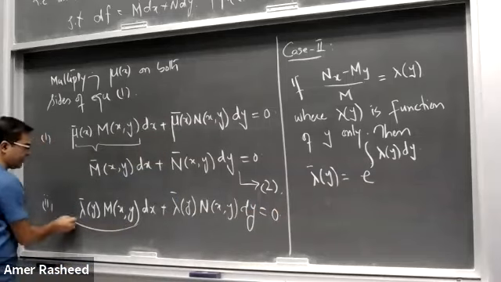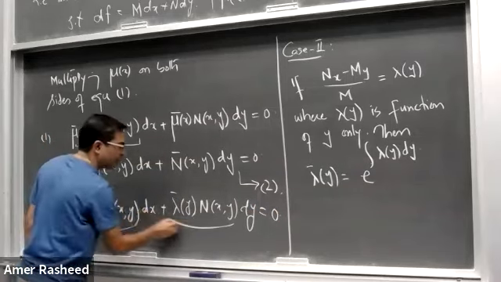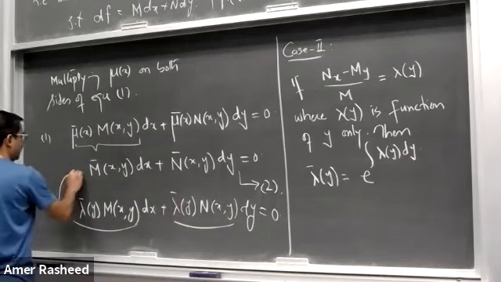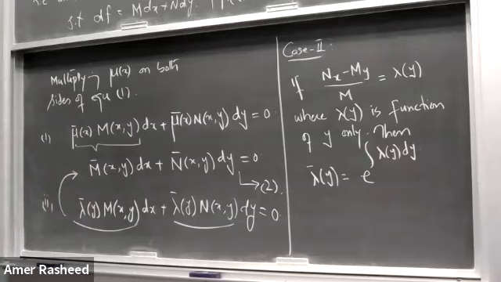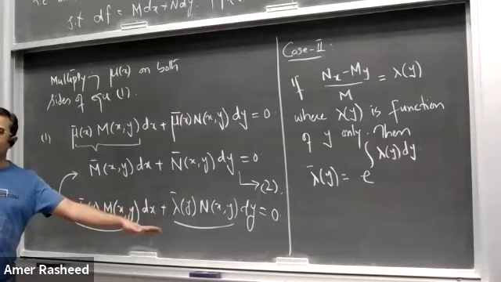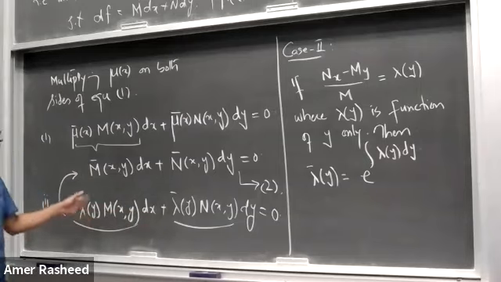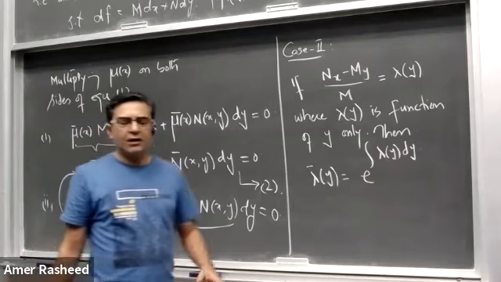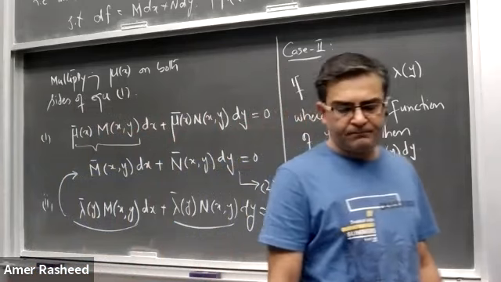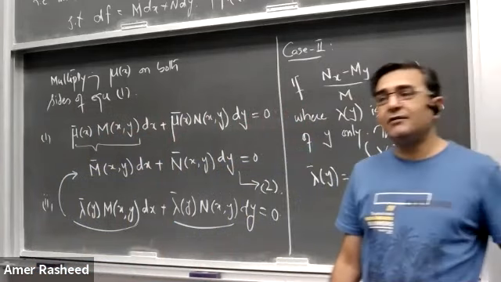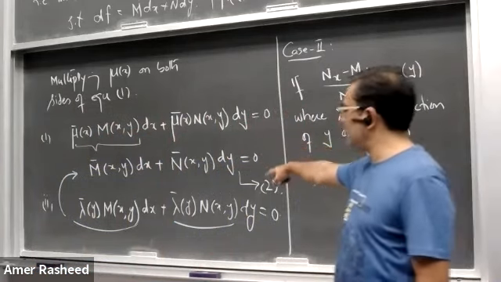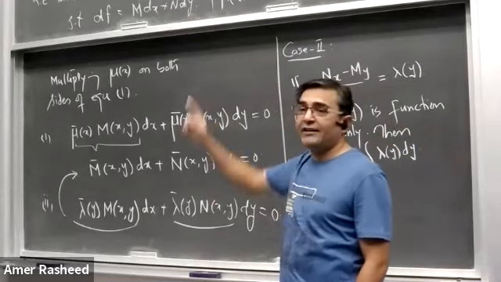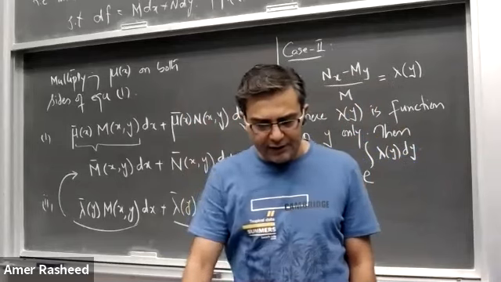You can call it M bar and N bar. We get a similar equation, but in this case the integrating factor is different. So this will convert the given differential equation into an exact one, and you can check whether the converted equation is exact by verifying the criteria: partial M over partial y is equal to partial N over partial x.